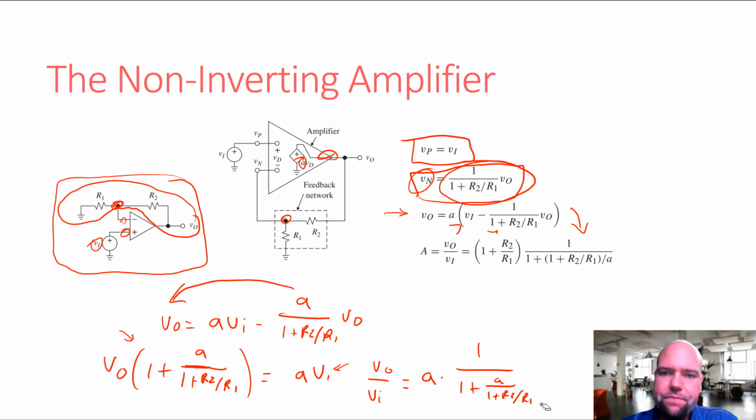Maybe. Okay. Now, how did they get this? How did they clean this up? What we can do is take this equation and multiply this side of the equation by 1 plus R2 over R1 divided by A, over 1 plus R2 over R1 divided by A. Okay, that's a mess.